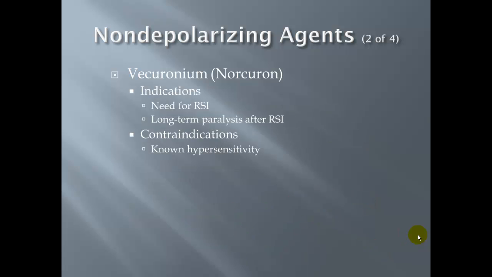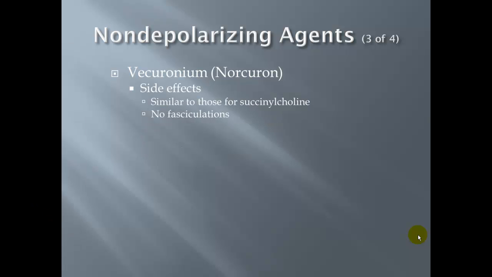Indications: need for RSI or long-term paralysis after initiating a rapid sequence intubation. Contraindications: known hypersensitivity. Side effects similar to those of succinylcholine. It's going to paralyze your patient. No fasciculations will be seen with this. The reason we get fasciculations is because of the stimulating factor of the depolarizing paralytic.